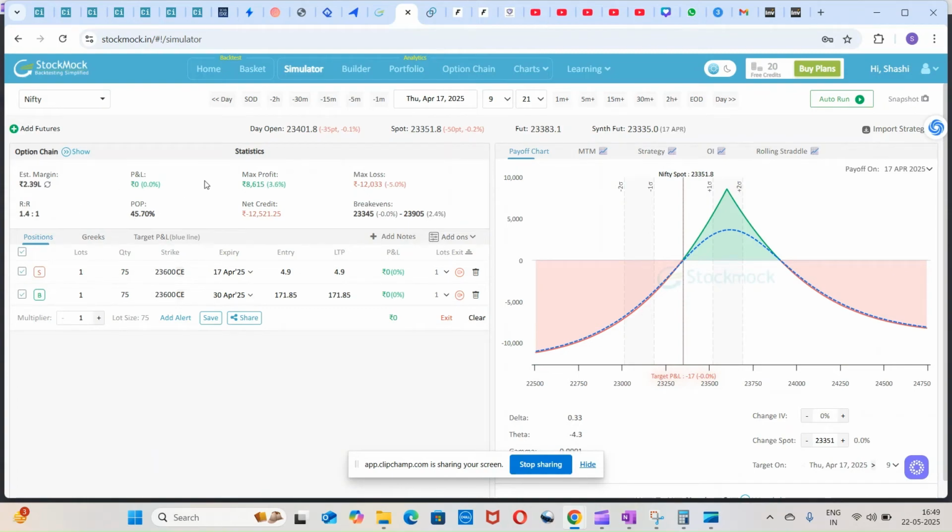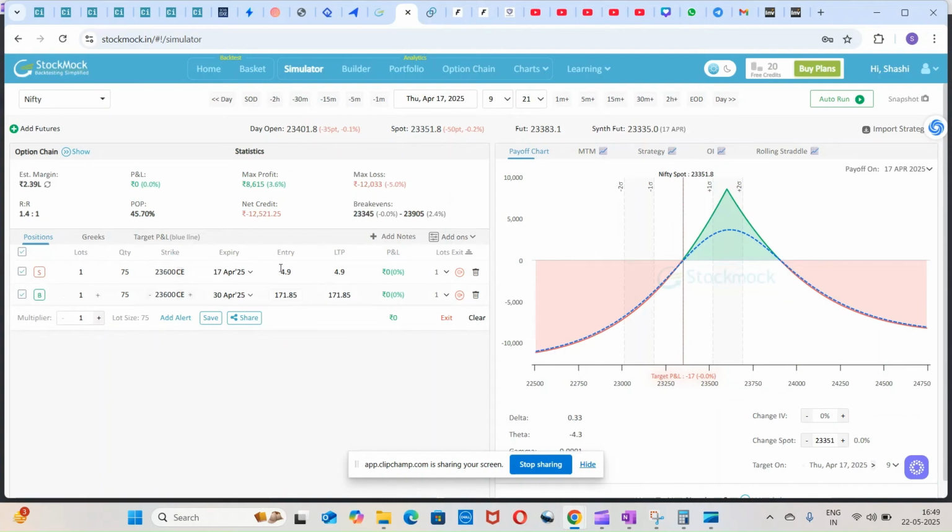We are basically trading in call options. We're selling the call in the current week, and we're buying the same strike call in the next month. So 17th April, this is 30th April. It depends if you want to buy next month, or one week or two weeks, or the end of the month. Generally, the end of the month one is taken.